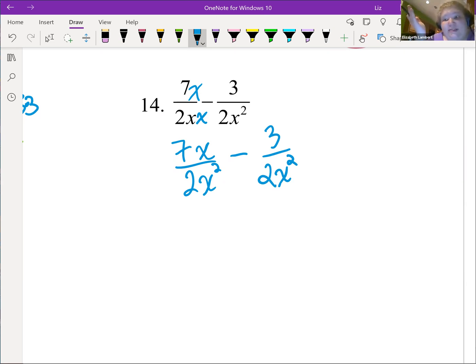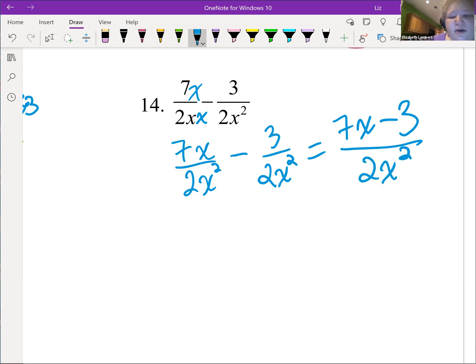So all we write on top is 7x minus 3. And the bottom just has the 2x squared. And we can't interact the x with the 7x with the 2x squared because we have that minus 3 wholes. Now, if it ended up being minus 3x, then we could have subtracted and then we could have reduced. But as it stands here, that's all we got.